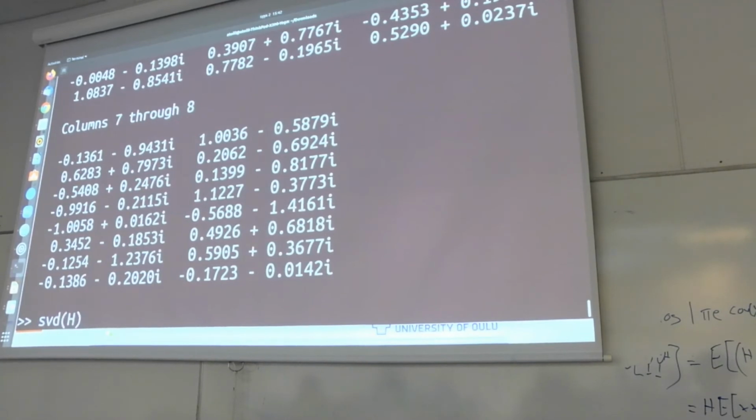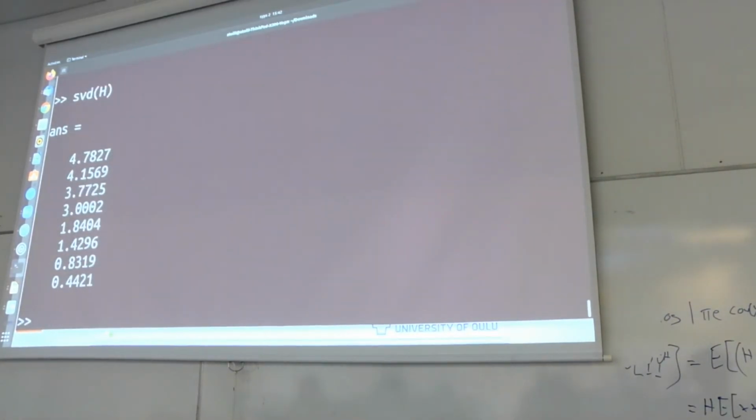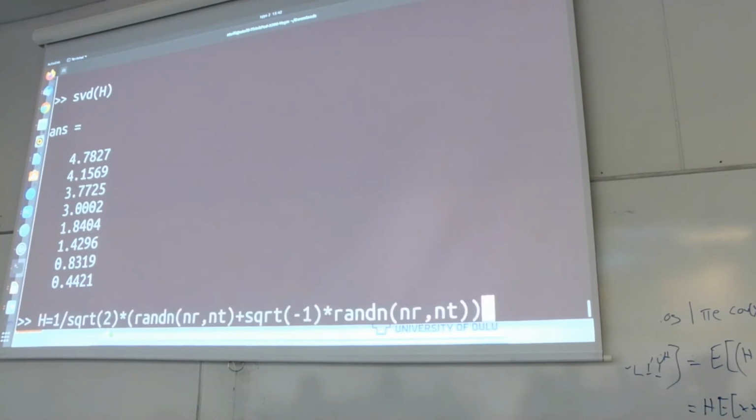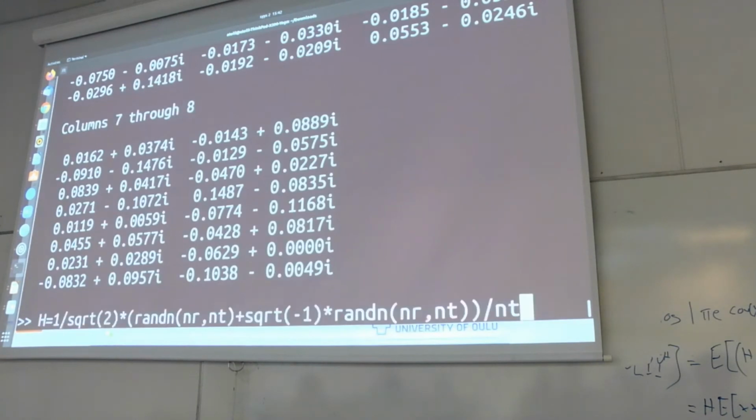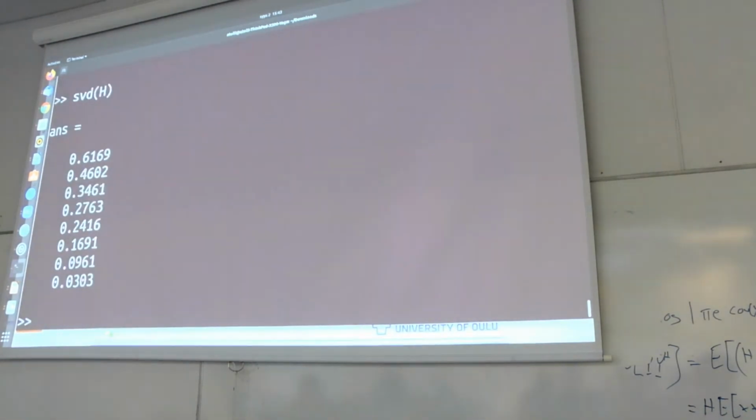Then we simply take the SVD of H. If we just take the SVD of H, we get similar values. Okay, but let's normalize the values and use the normalized channel. Then we can take a histogram of the singular values.